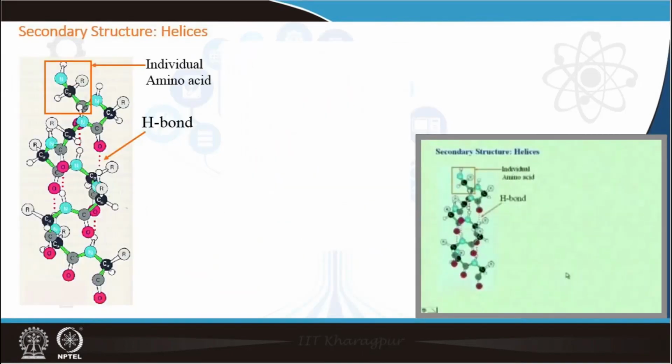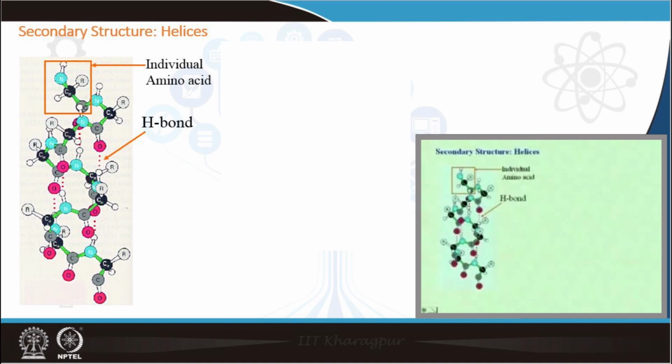Okay. Now we come to the secondary structure called the helices. We have a specific individual amino acid here. Now, if we were to follow the direction of the polypeptide chain, follow it very carefully, and you can say in which direction it's going.